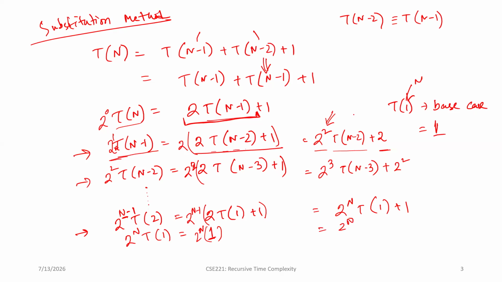Okay, let me do it one more time for you. This whole page rewritten. So the time complexity written in a formula with the approximation was T of n equals twice T of n minus 1 plus 1.